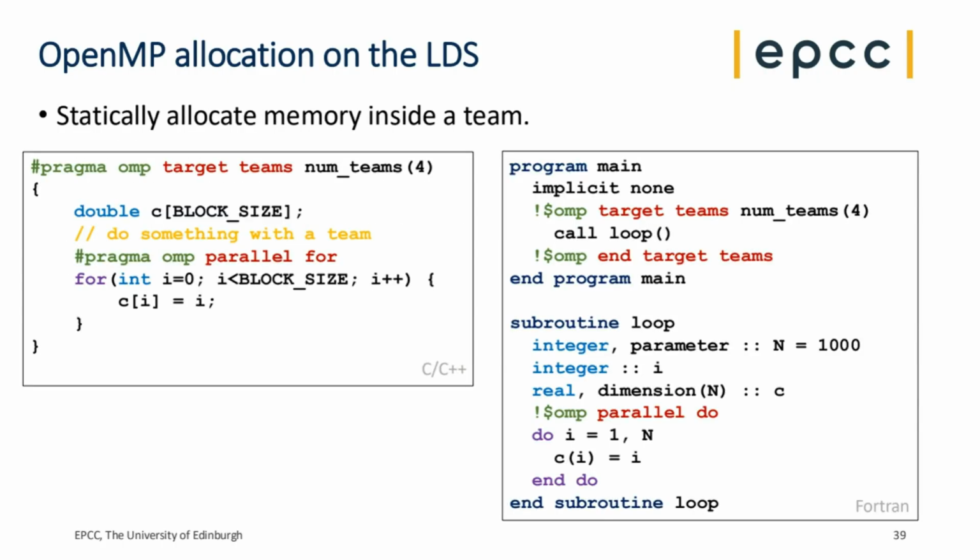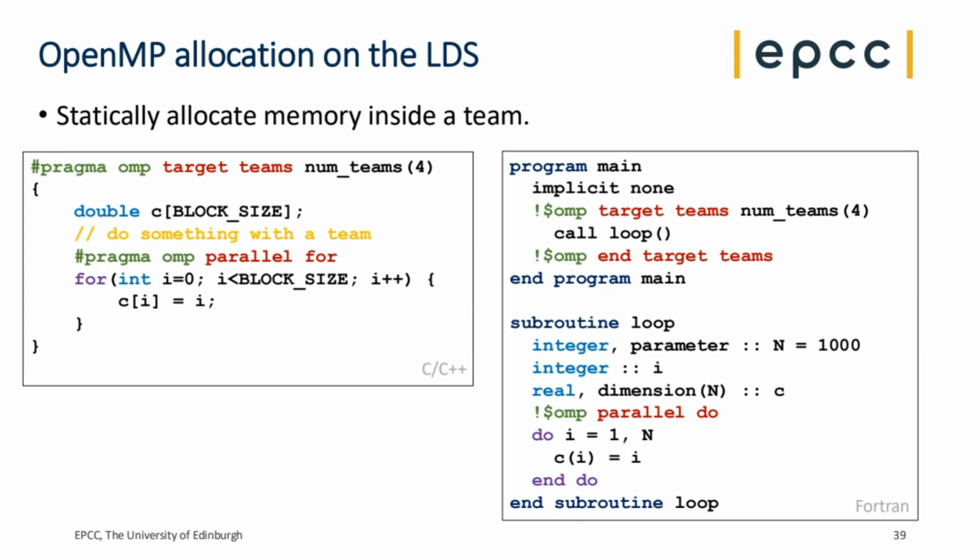So here's what I mean about providing hints that memory is going to be allocated on the local data store. We've got our target teams construct here, and we're specifying 4 teams. So we're looking at using 4 compute units on the GPU, and within our offloaded region, we've declared a C array of block size.